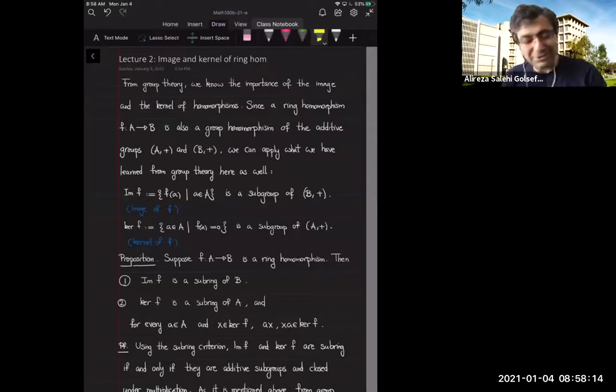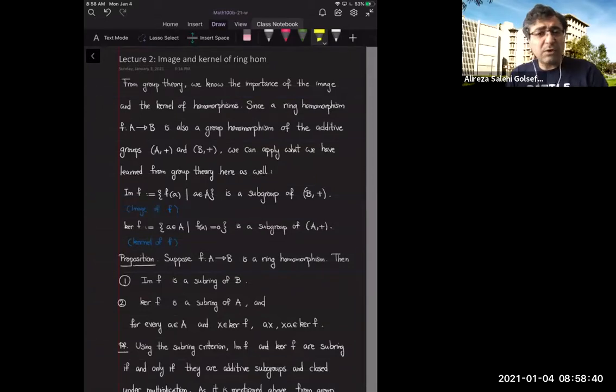Okay, so let's recall again what we learned in group theory about group homomorphisms. Whenever f is a group homomorphism, we know that the image and kernel are both subgroups, one a subgroup of the codomain, the other a subgroup of the domain.